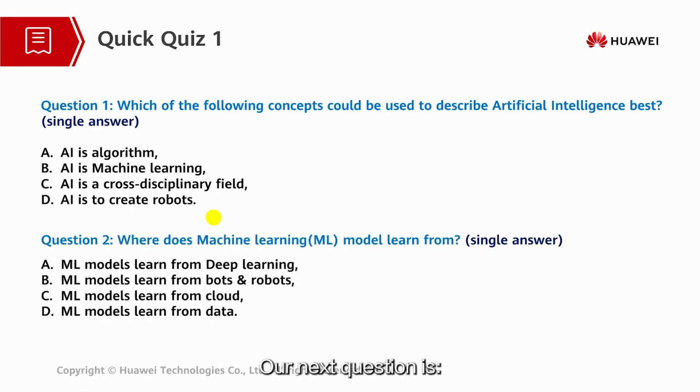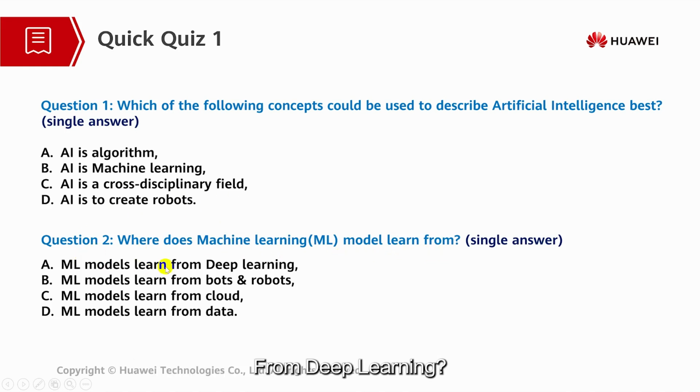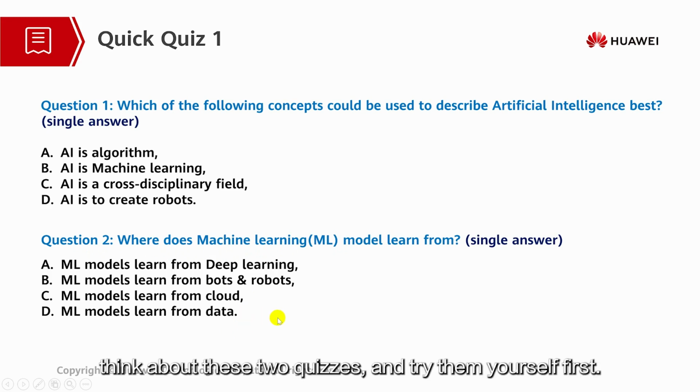Our next question is, where does a machine learning model learn from? From deep learning? From bots and robots? The cloud? Or data? Please pause this video now. Think about these two quizzes and try them yourself first.